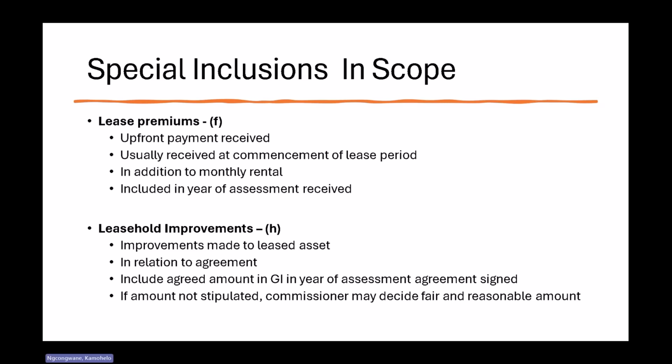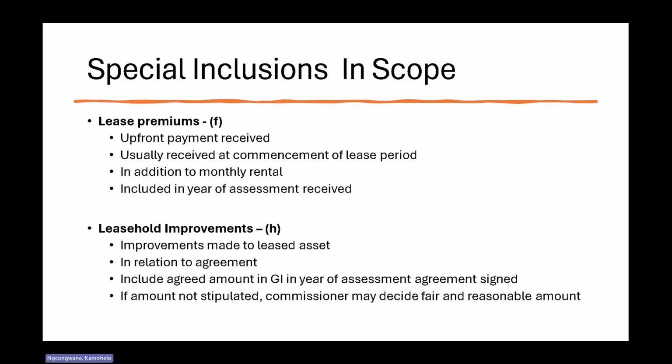For the person receiving that first month's rent as a deposit upfront, they'll go through the gross income definition. Yes, I'm a resident. This is a total amount I've received in cash, but this is not an amount that forms part of my gross income because it's of a capital nature. This is somebody paying me a deposit upfront for the right of use of an asset over a period of time.